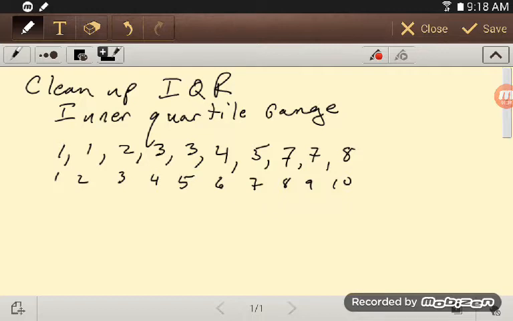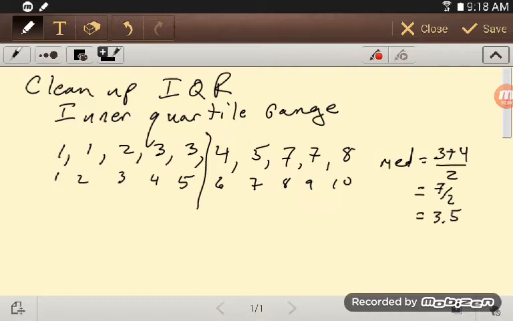If we were to find the median, we would look at 3 and 4, and we'd say the median is the average of those, 3 plus 4 over 2, which is 7 over 2, or 3.5.